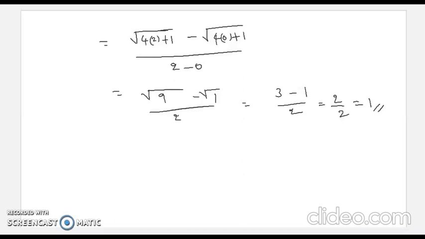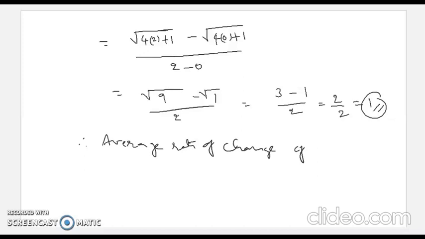This is the average rate of change of the given function. Therefore the average rate of change of the given function is 1.